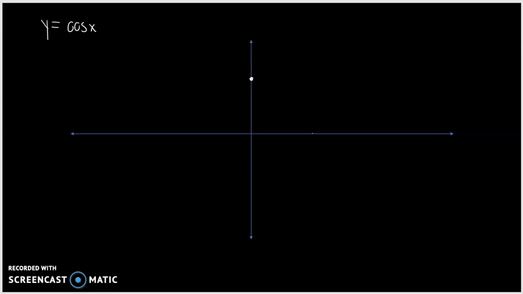At pi over 2, it is 0. At pi, it is -1. At 3 pi over 2, it is 0. And at 2 pi, it's back to 1. There is my parent function, the cosine of x.